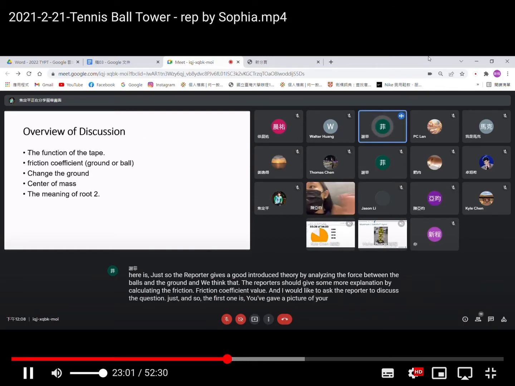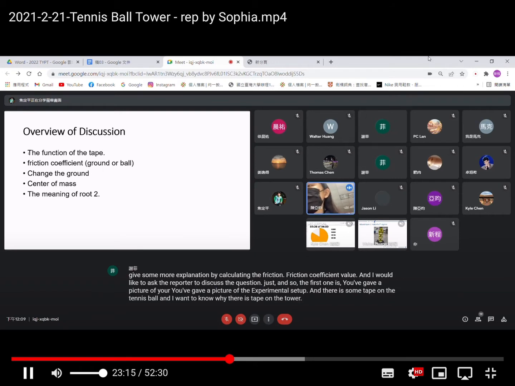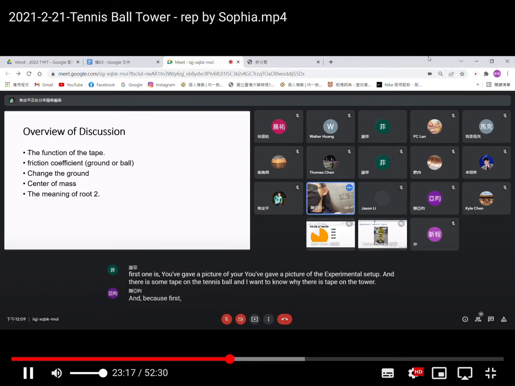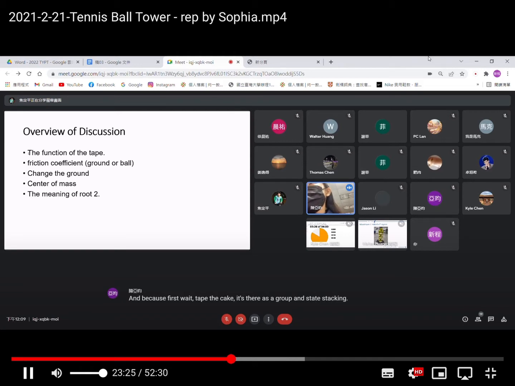You gave a picture of the experimental setup, and there is some tape on the tennis balls, and I want to know why there is tape on the tower. Because first we tape each layer as a group and stack each layer into a tower.